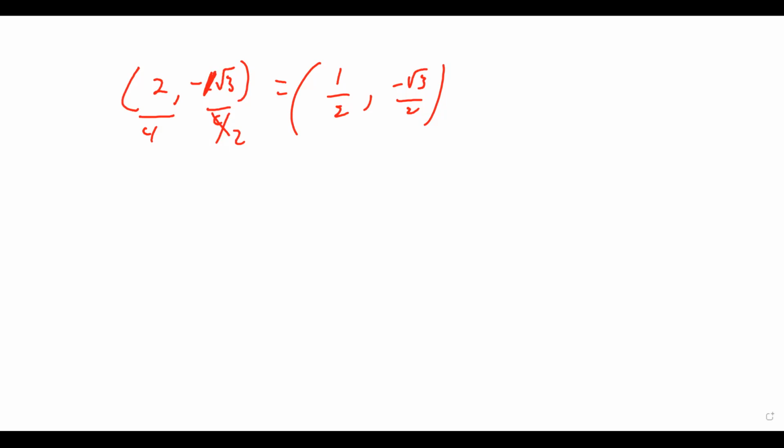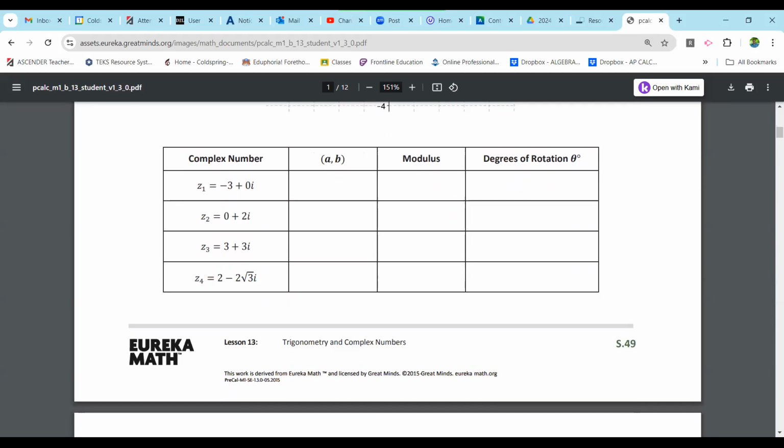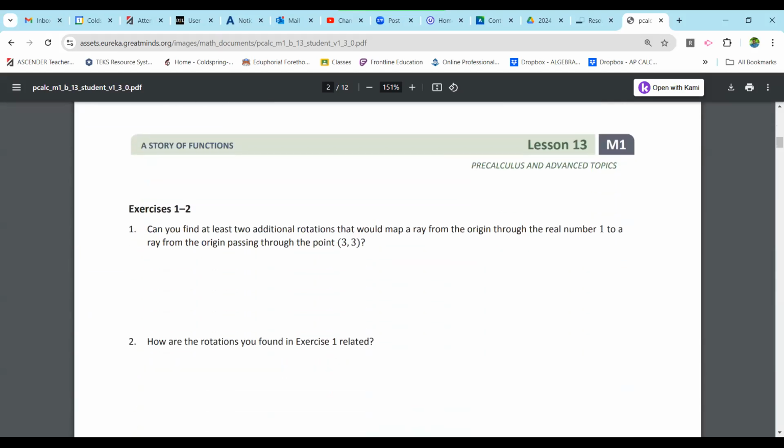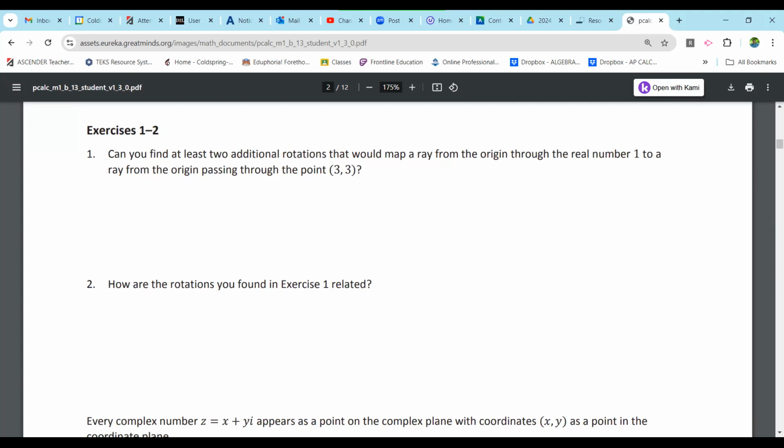Good. All right, let's go back. So in exercises 1 and 2, it states in 1, can you find at least 2 additional rotations that would map a ray from the origin through the real number 1 to a ray from the origin passing through the point 3, 3?